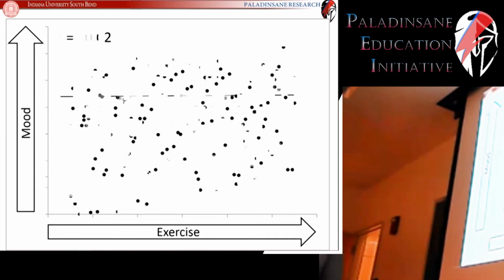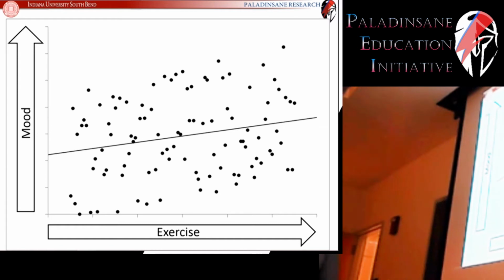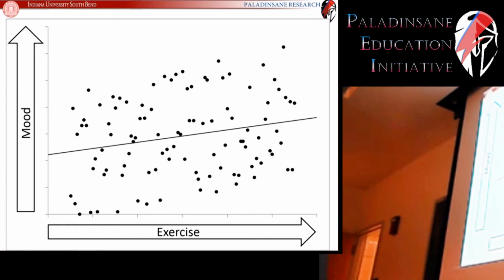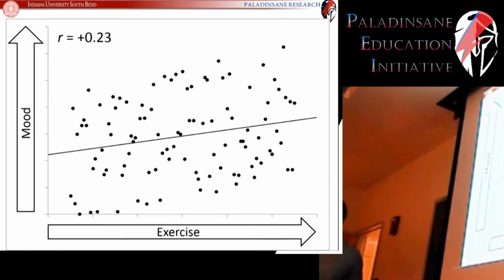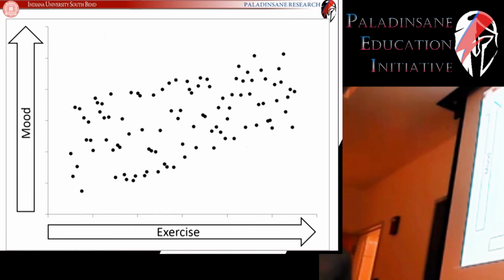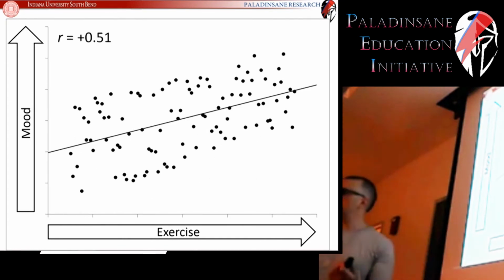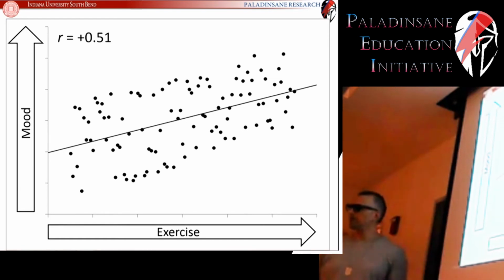If we increase the strength of the correlation, so now knowing something about exercise will predict something about mood, you can see that our correlation coefficient has gone up. It is now 0.23. And if we increase the strength of our relation once again, correlation coefficient has gone up corresponding to that. So now it's at 0.51.